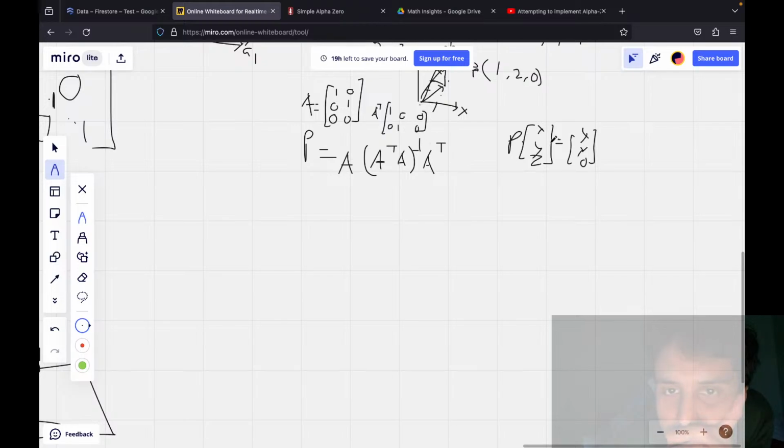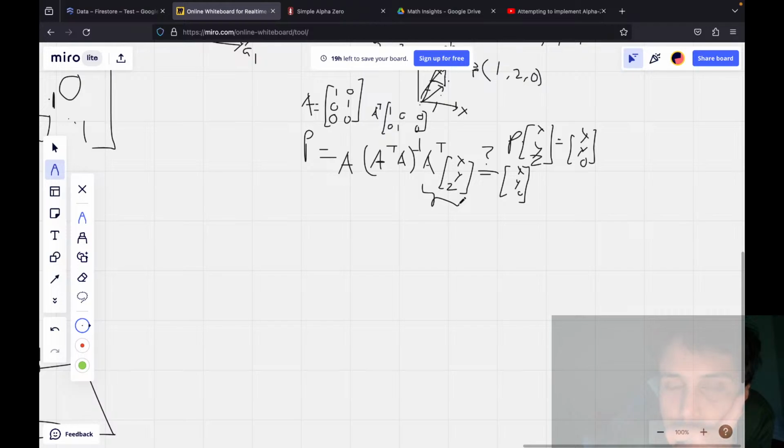So what we want to do is compute P of xyz. So let's stick xyz in, x, y, z. Okay. So question mark, is this equal to xy0, right? We start off from the right hand side.